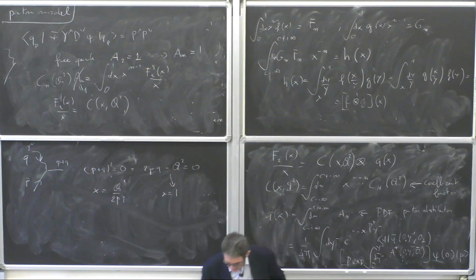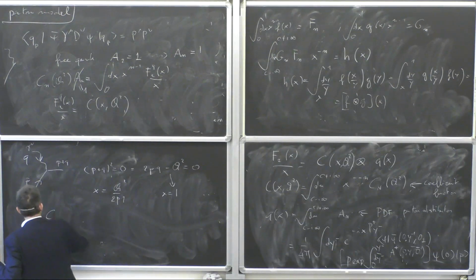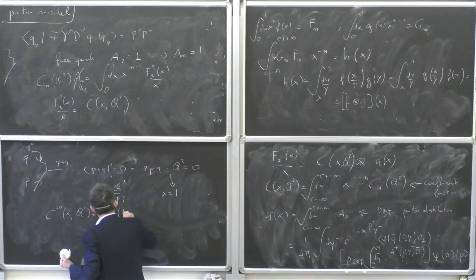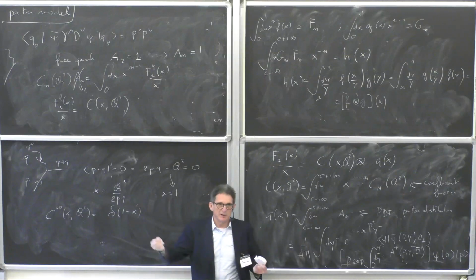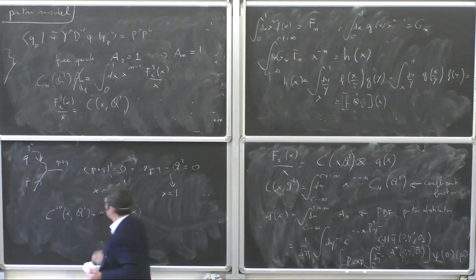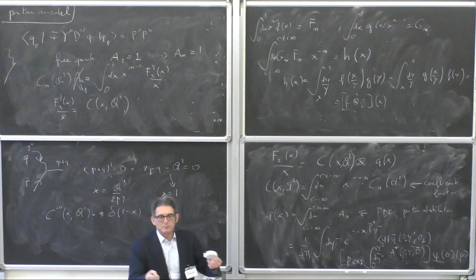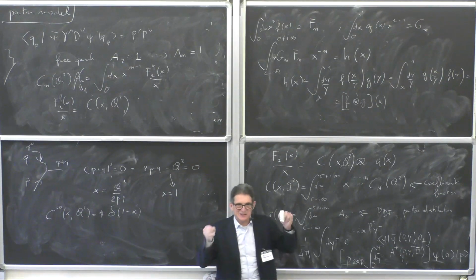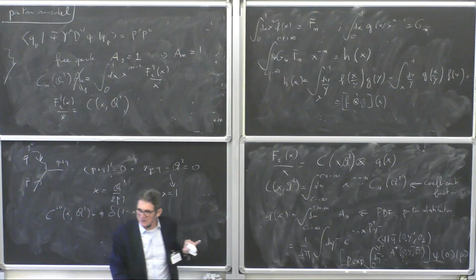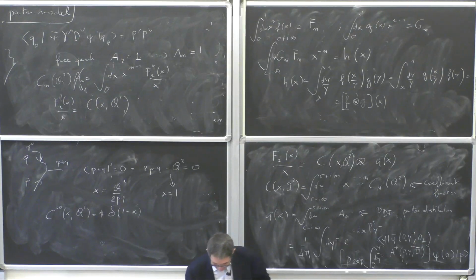So the leading order coefficient function, C leading order of x and q square, is actually just delta of 1 minus x up to some normalization, which is some number which I can define to be equal to 1. So, there's some normalization up front, which will depend on how I normalize things. I'm doing it in a somewhat rough and ready way. You can sit down and do it more carefully with a Feynman diagram and so on. But at the end of the day, it's just kinematics. So the cross-section for scattering of a virtual photon on a free quark is just the Dirac delta function.